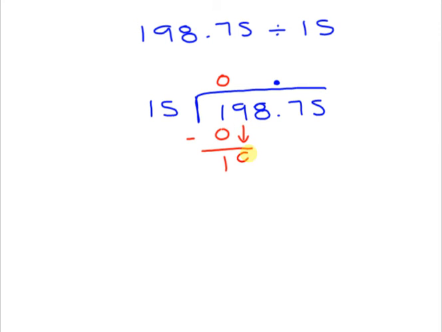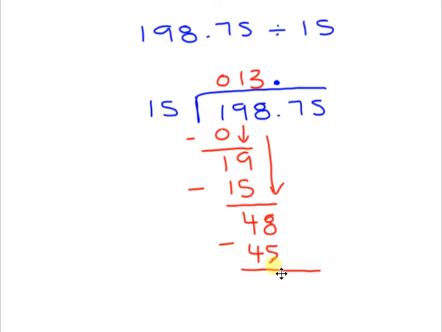Bring down the 9. 15 goes into 19 one time. 1 times 15 is 15. 19 minus 15 is 4. Bring down the 8. 15 goes into 48 3 times. 3 times 15 is 45. 48 minus 45 is 3.